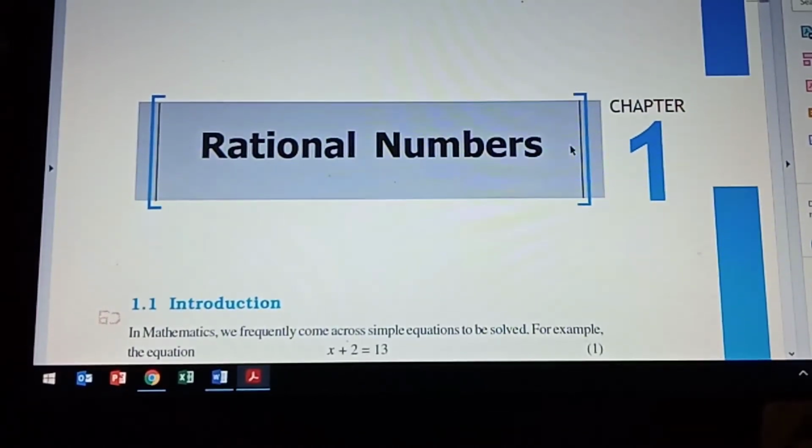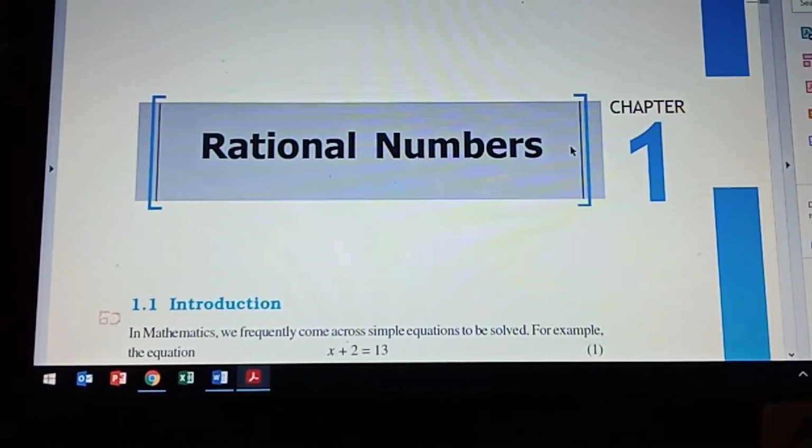You already have studied about it in 6th and 7th class: rational numbers, whole numbers, real numbers, integers, natural numbers, prime numbers, odd numbers, even numbers. All these things you have already covered in 6th or 7th class math topics.